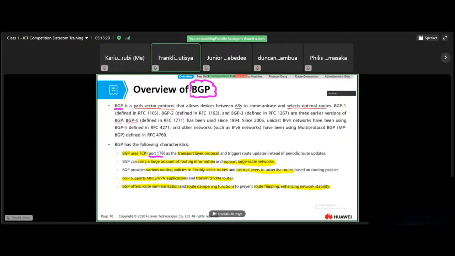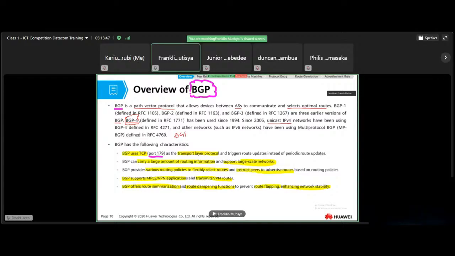It has undergone a number of developments. We started with BGP 1, but currently we have BGP 4, and this one is used for IPv4 networking. We have also seen advancement in BGP4, where we currently have BGP4 plus.